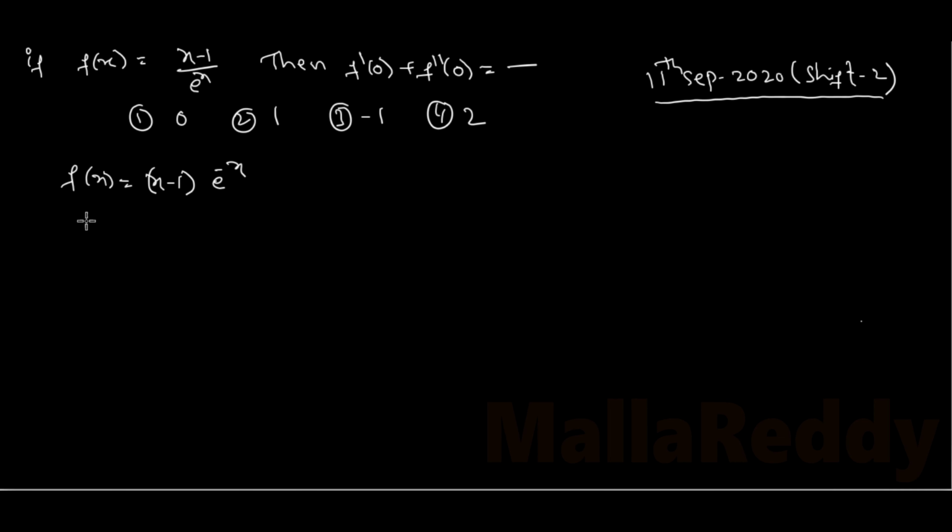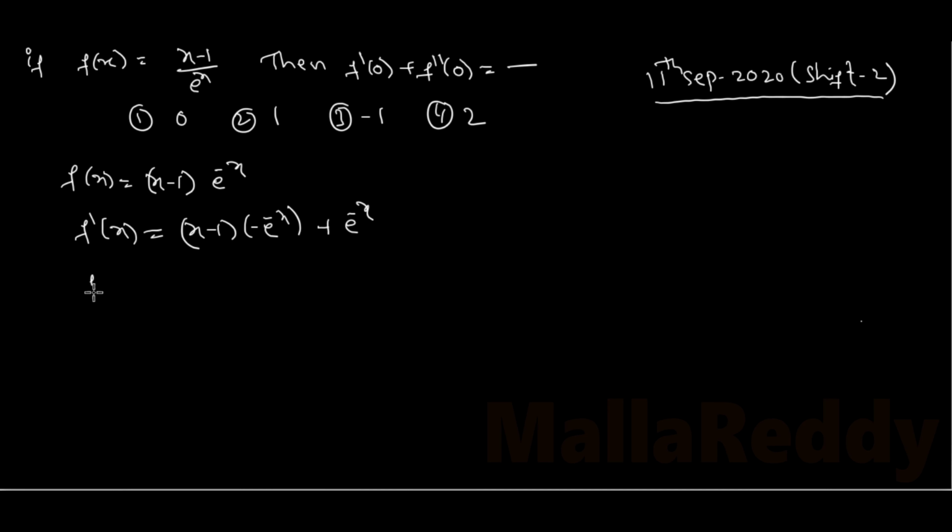Now we take differentiation, that is f dash x is equal to (x minus 1) into derivative of e power minus x, that is minus e power minus x, plus e to the power of minus x into derivative of (x minus 1), which is 1.